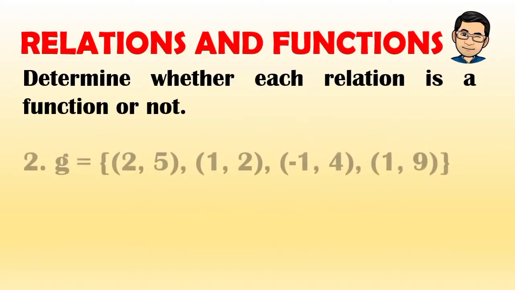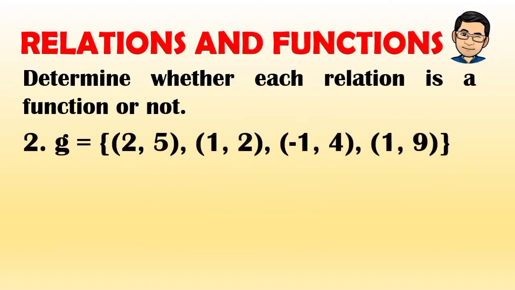So, for our second example, yung mga given natin, again, meron tayong 4 ordered pairs. Yung unang ordered pair, (2, 5). Second is (1, 2). And then (-1, 4). Finally, (1, 9). So, yung mga x values natin, 2, 1, negative 1, and 1. Y values natin is 5, 2, 4, and 9.